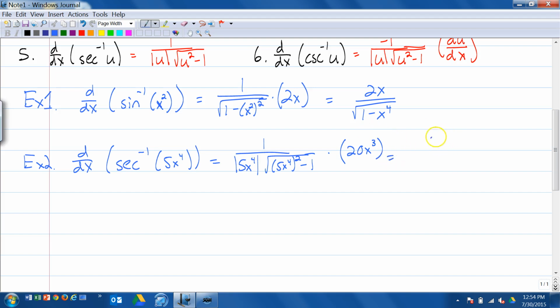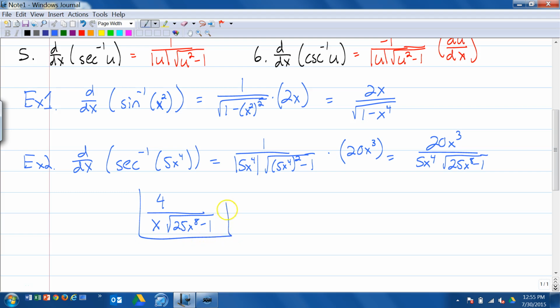So I'm going to rewrite this as 20x cubed over just 5x to the 4th times the square root of 25x to the 8th minus 1. And finally we can simplify the outsides if you want. 20 divided by 5 is 4, over x, square root of 25x to the 8th minus 1. Okay.